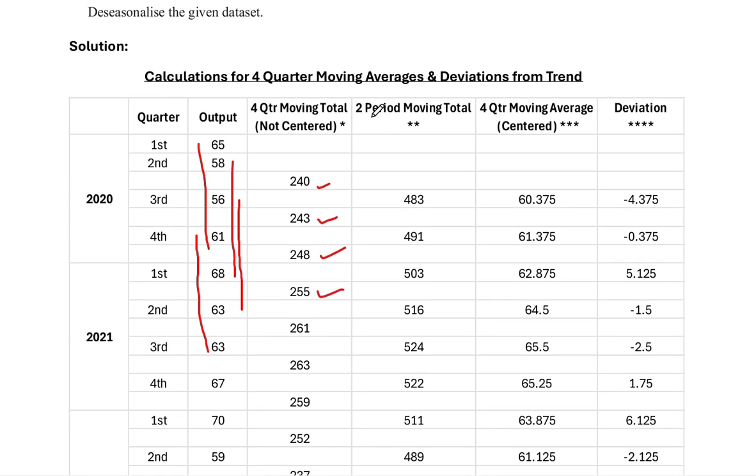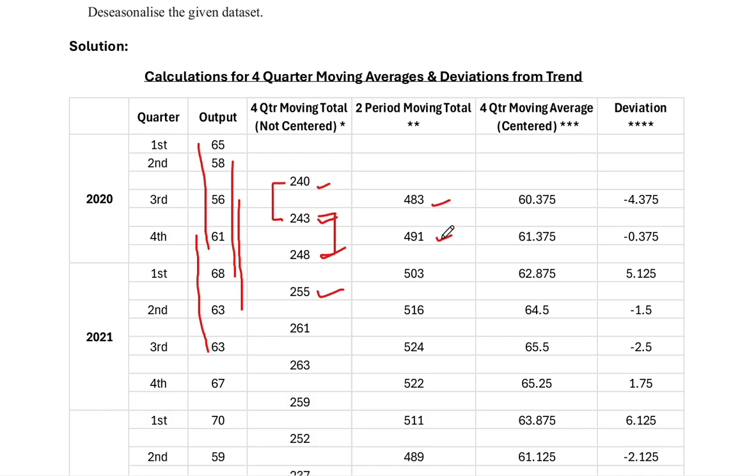Now, we will calculate further 2-period moving total, because these 4-quarter moving totals are not centered. So, we will make them centered. For this, we will add 2 together, like 240 plus 243. Total will be 483. Now we will exclude 240 and add 248. In this we will add 243 and 248.